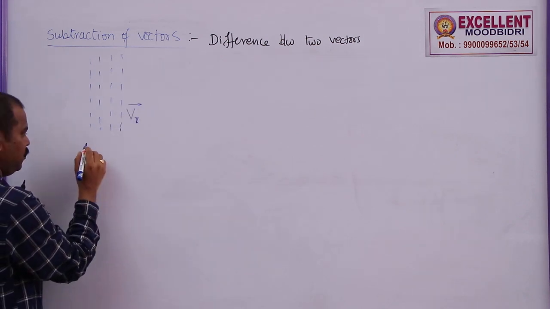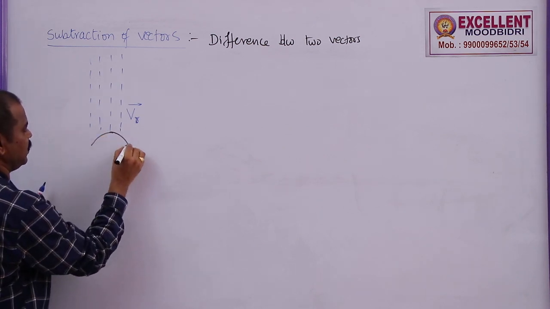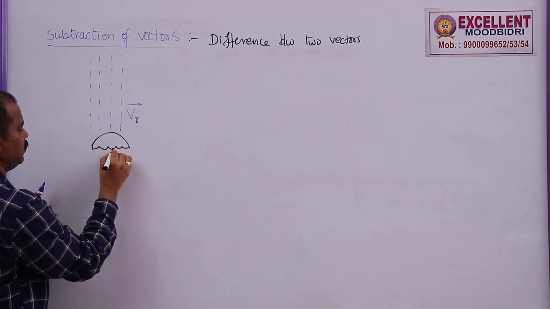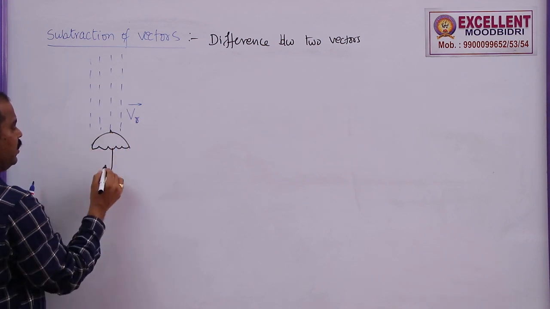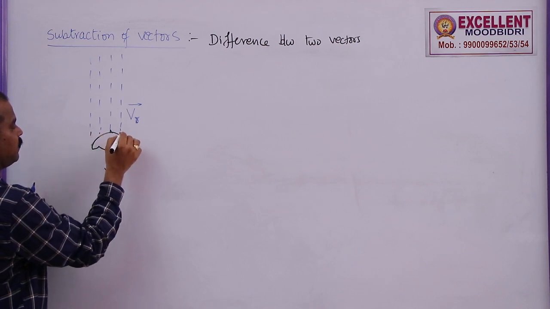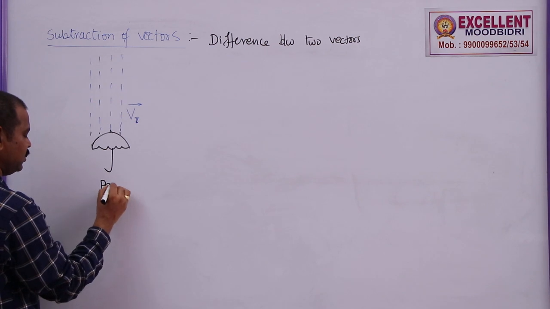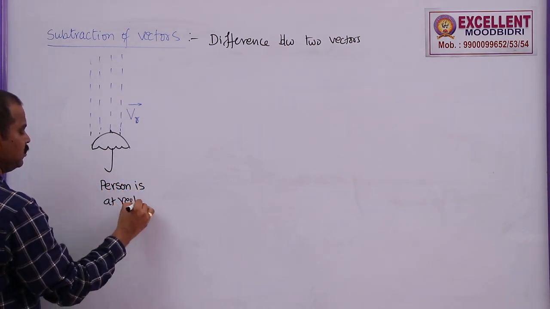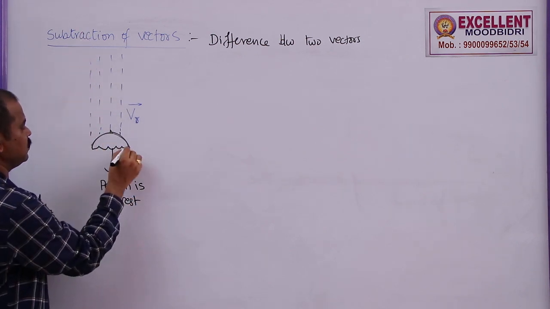Now if we want to protect ourselves from the rain, we need to hold an umbrella against the rain. This is the position of the umbrella. The person is at rest here. So for him rain is falling vertically downwards, so he has to hold the umbrella like this.